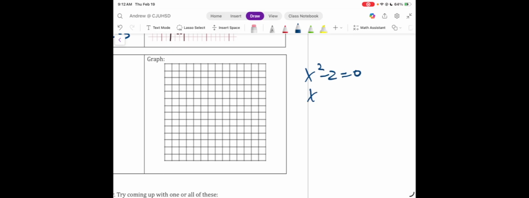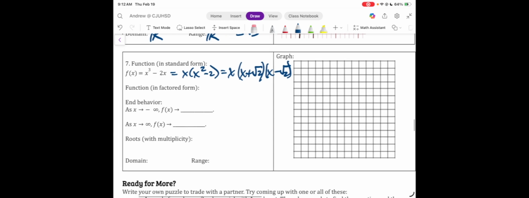You might add 2 to both sides, and then take the square root. So you're going to get plus or minus root 2. So this could be x times x plus root 2, and then x minus root 2. And that's number 7.